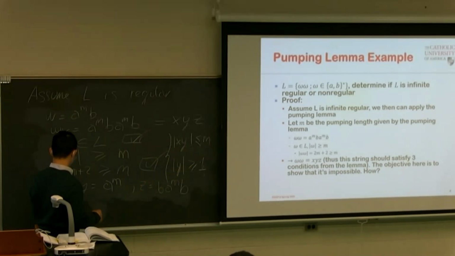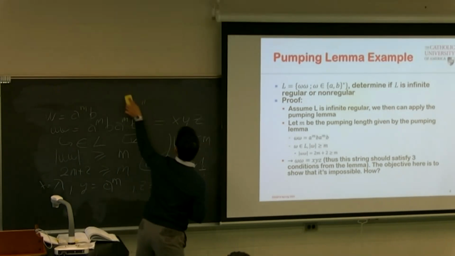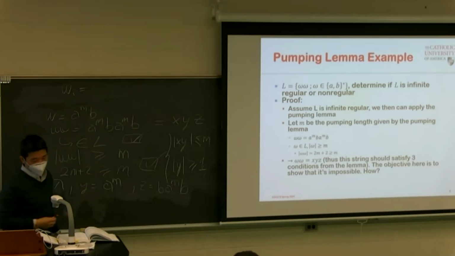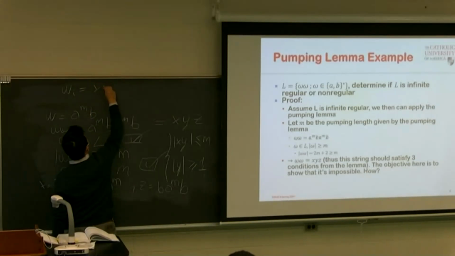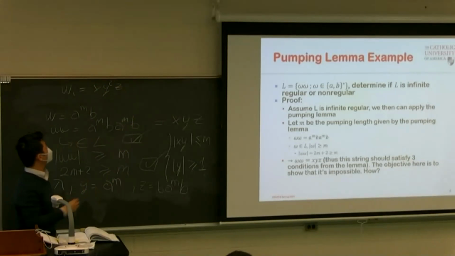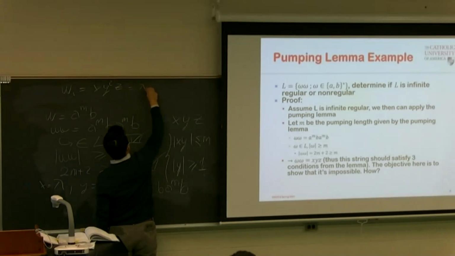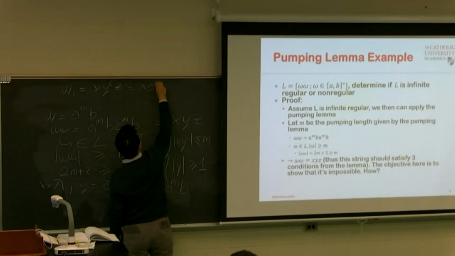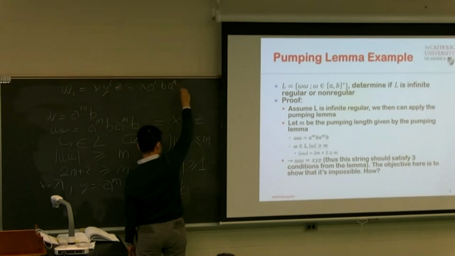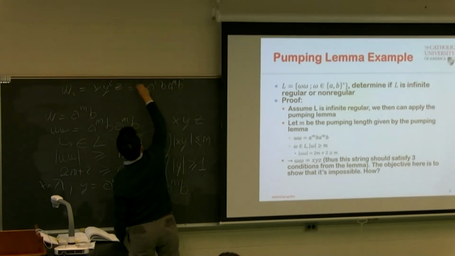So now, if we decide to pick this, we can write w_i. I'm going to erase the top form. It would be x, y to the i, z. That is lambda a to the i, and z would be b a to the m b.